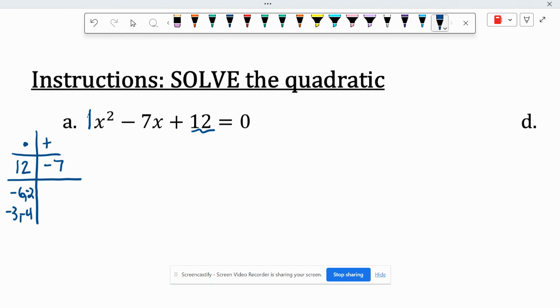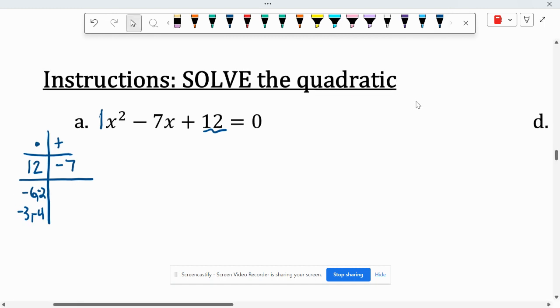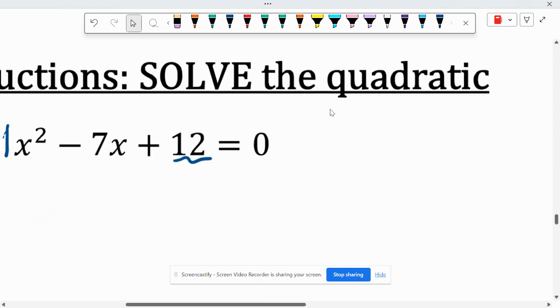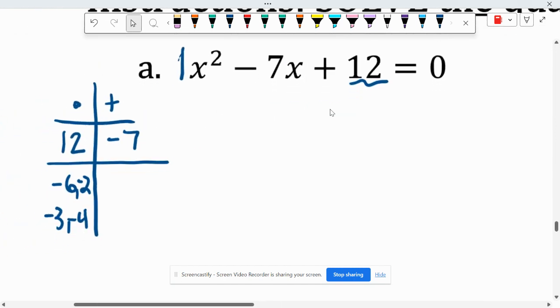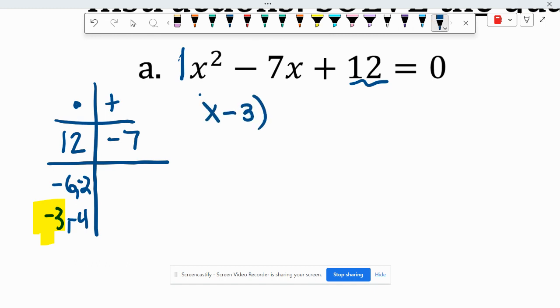Since a is 1, what are the factors going to be? When a is 1, the factors that you choose are the factors that you use. So what am I writing? What is this factor? It's -3, so I write x minus 3. What's my other factor?